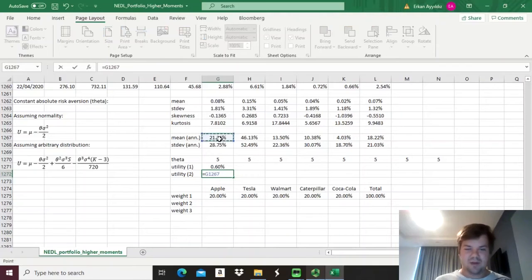So annualized mean minus theta times standard deviation squared divided by 2.